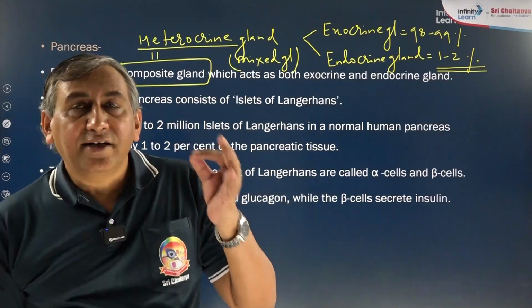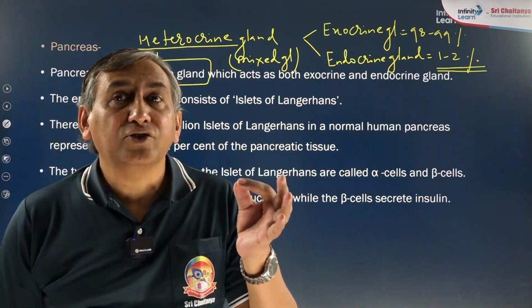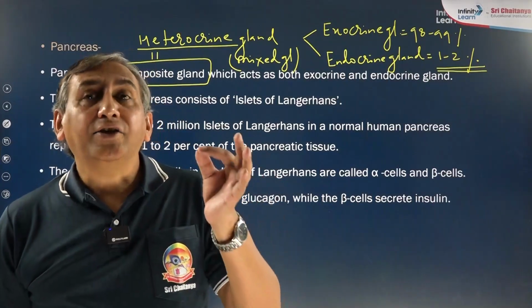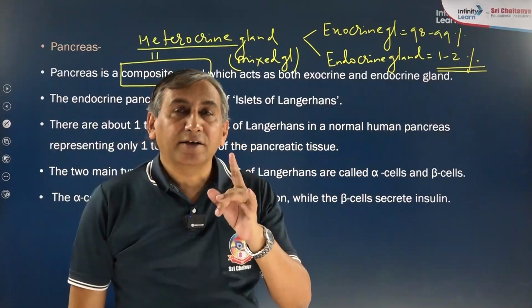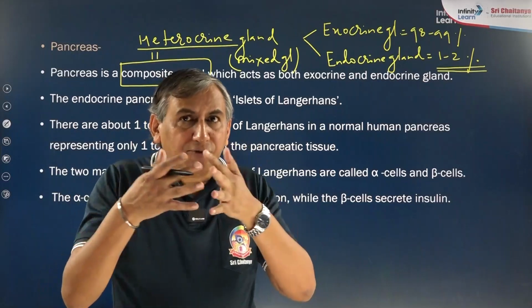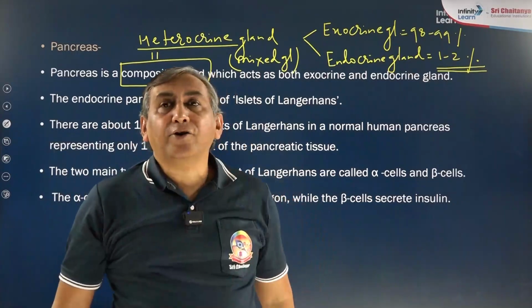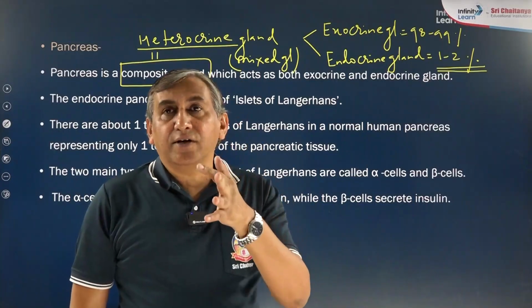The exocrine part is related to the synthesis and secretion of pancreatic enzymes, the pancreatic juice, which comes to the duodenum through a duct known as the pancreatic duct. In human beings, it is known as the hepatopancreatic duct because it connects with the duct of the liver and gallbladder.